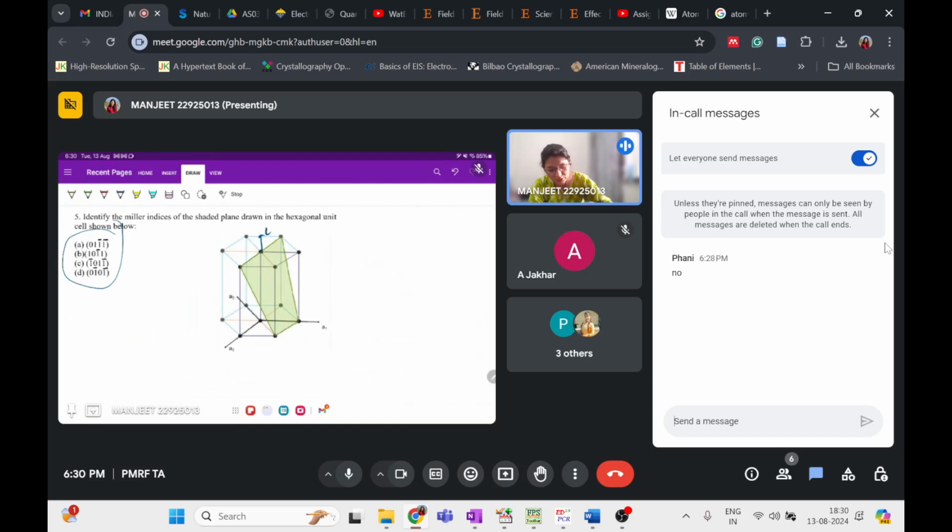First we have to find out, for this shaded plane, what the intercepts are. This direction is my A1, another is A2, and this is my A3, and C will be the perpendicular direction here. This shaded plane intercepts A1 at 1 unit, so this is 1.